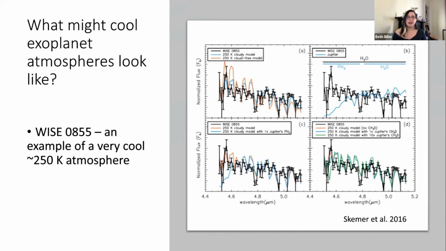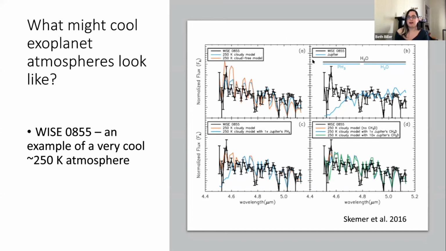So here is its mid-infrared spectrum taken with Gemini from 4.4 to 5.2 microns. Obviously this is a very first cut spectrum. I think there's already a number of accepted programs to get better spectroscopy of this object with James Webb, but we're learning some interesting things from even this.